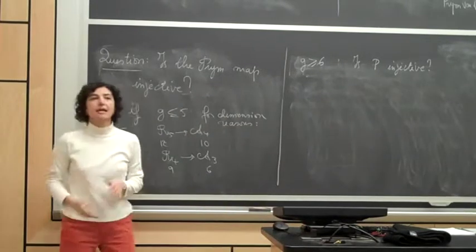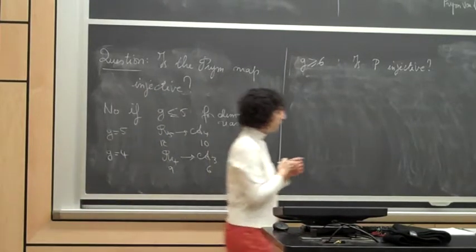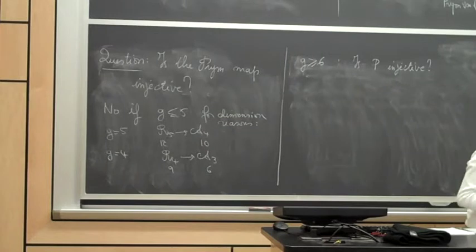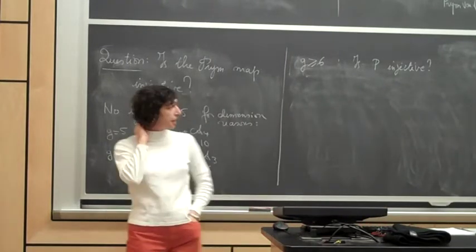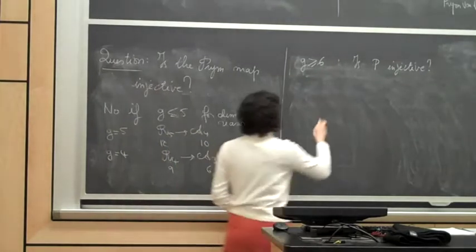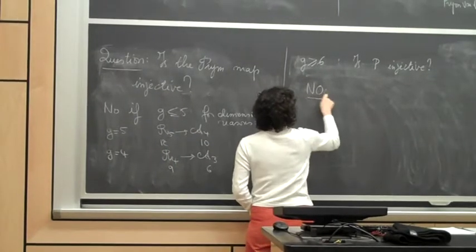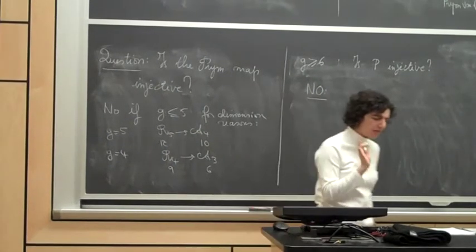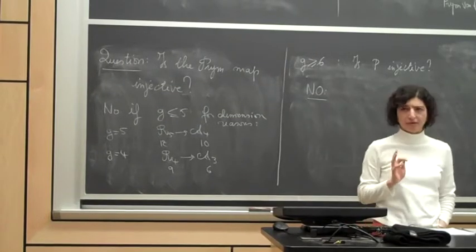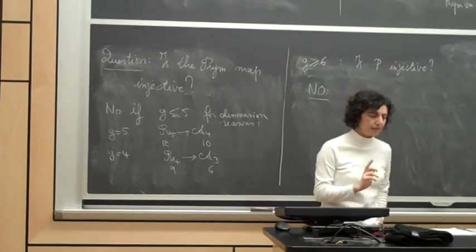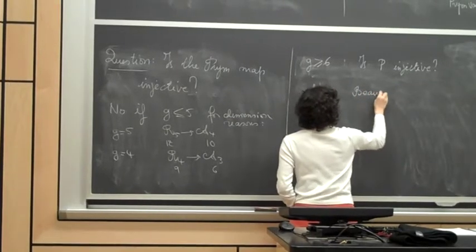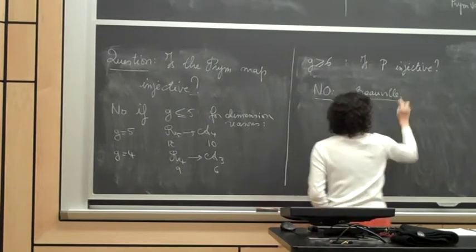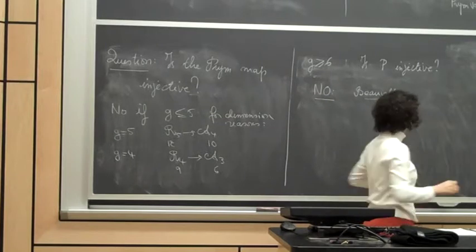And again, the answer is no. There were counterexamples given by, I'm not sure exactly who gave the first counterexample. I think it's Bovio who gave the counterexamples for genus up to 10. Okay.